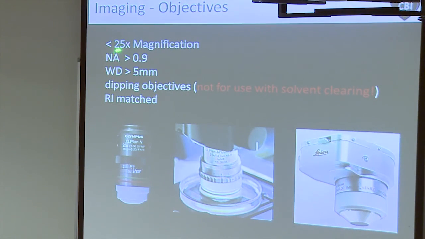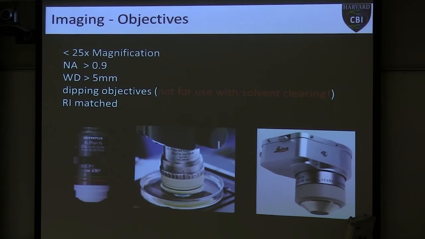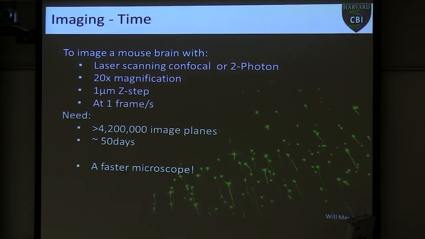They now all mainly supply objectives with a magnification of less than 25 times, numerical aperture over 0.9, so you get nice high resolution, and a working distance over 5 millimeters. They're dipping objectives, so again, don't use them with solvents, and they're refractive index matched to the various solutions.